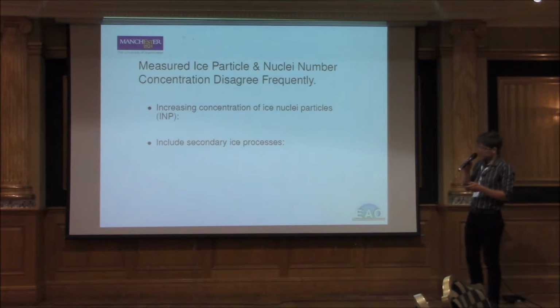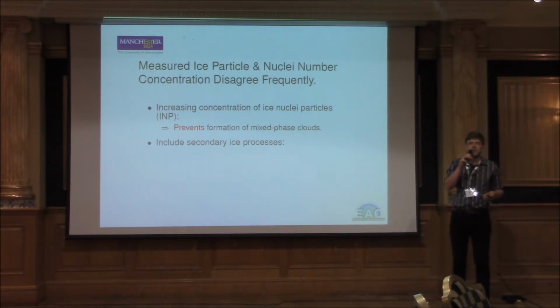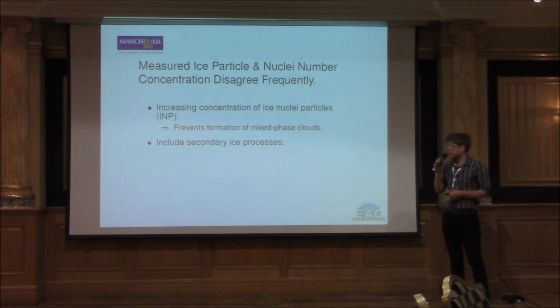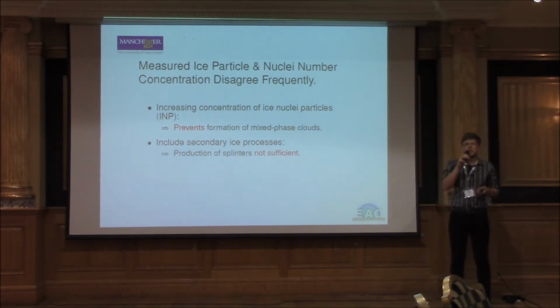But the former idea only led to a prevention of the formation of those mixed-phase clouds they usually measure on top of the research station, and including secondary ice processes didn't produce as many splinters as needed to explain the number concentrations.